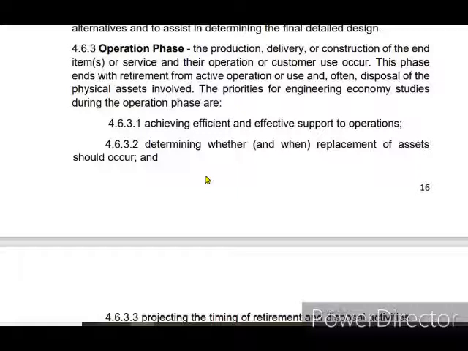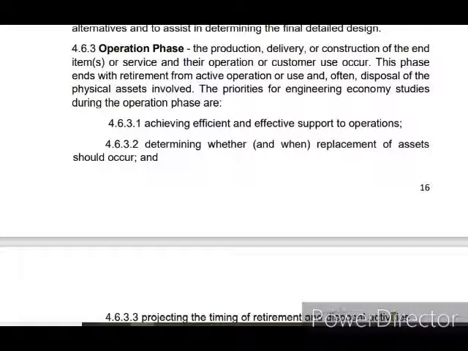The priorities for engineering economy studies during the operation phase are, first, achieving efficient and effective support to operations. Those supports should be balanced throughout the operation, because unnecessary support means unnecessary or excess cost.